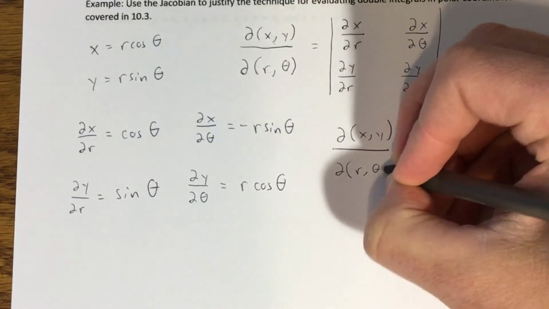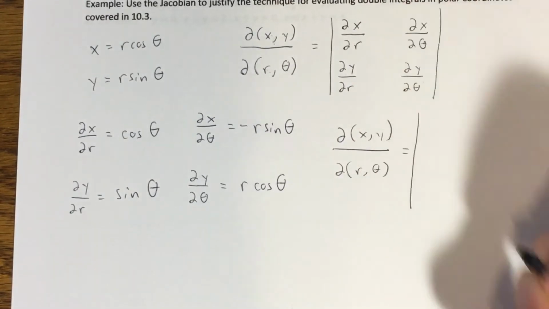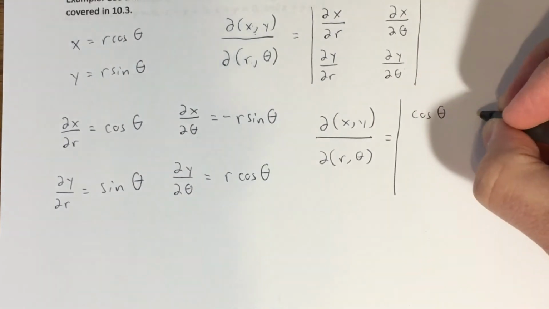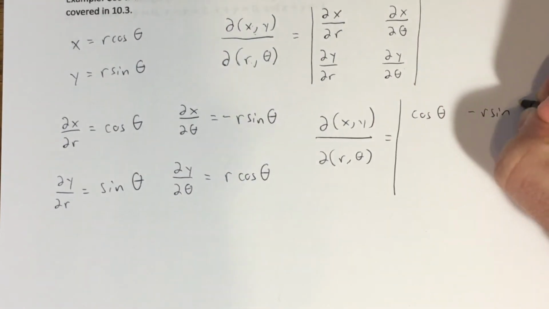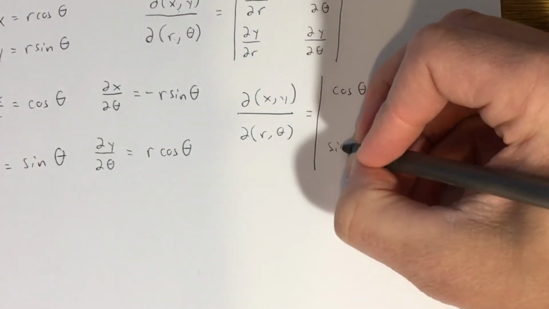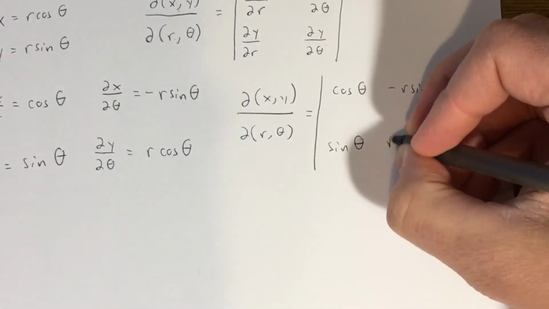The Jacobian of x, y with respect to r, theta equals the 2-by-2 determinant: cosine of theta, negative r sine of theta, sine of theta, r cosine of theta.